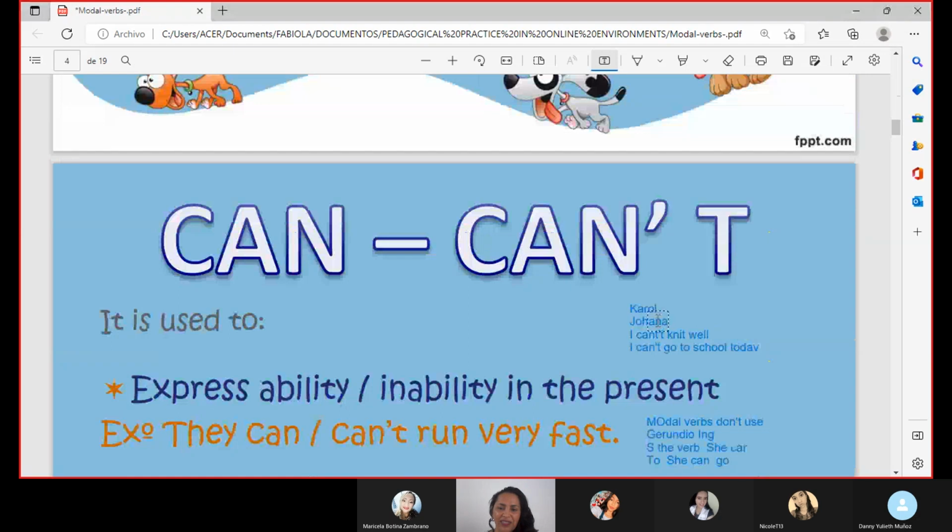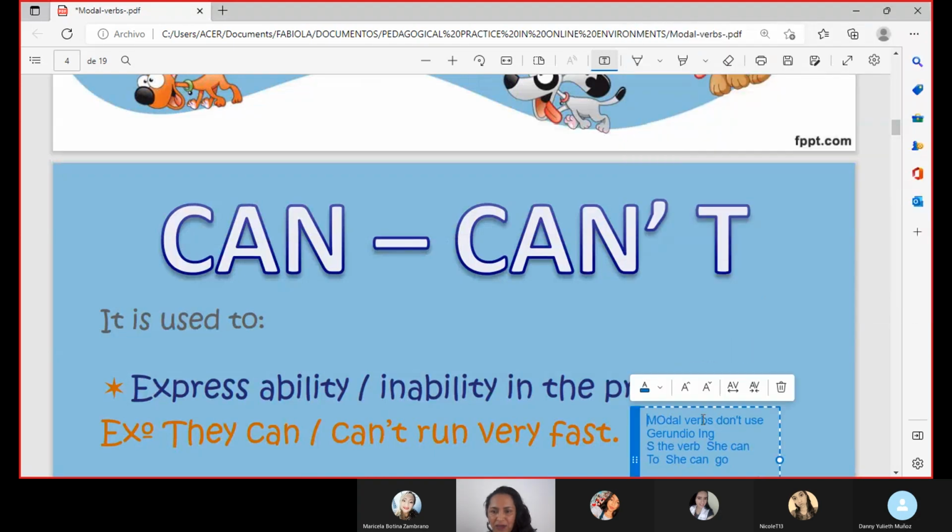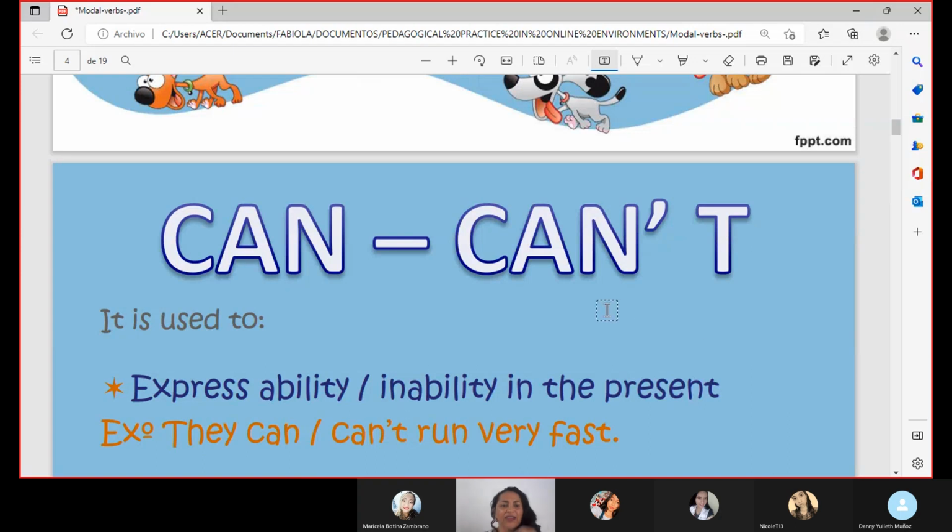The first one, but in this case, give me a second. The modal verbs can and can't. Remember the pronunciation. The correct pronunciation is can for the affirmative form, and you say can't in the negative form.